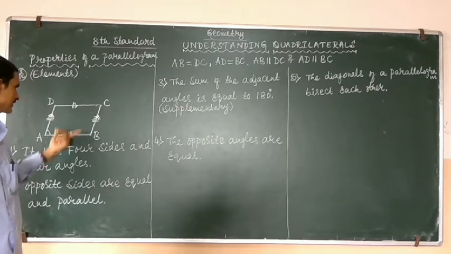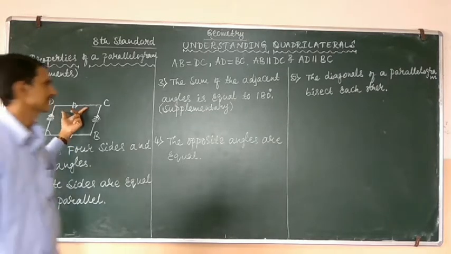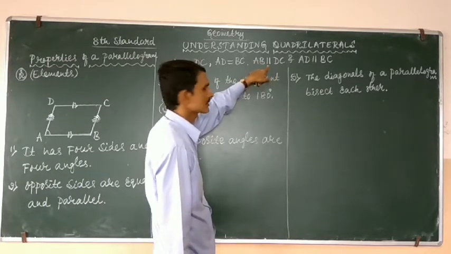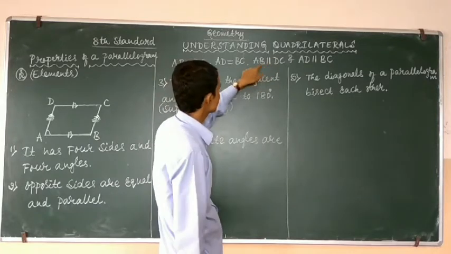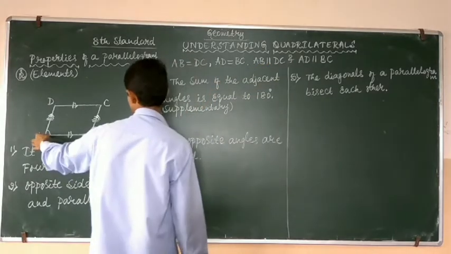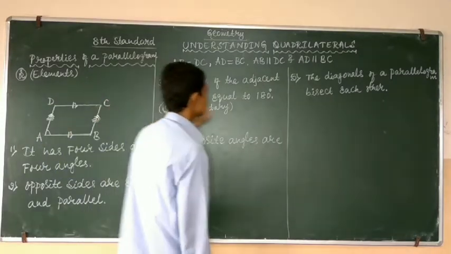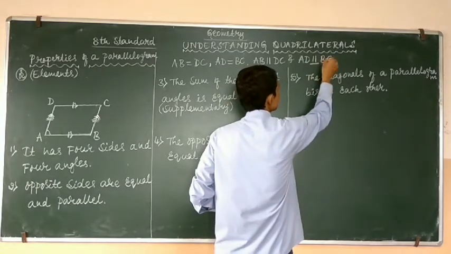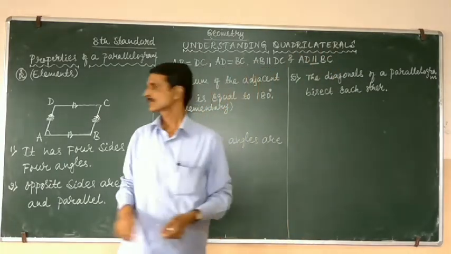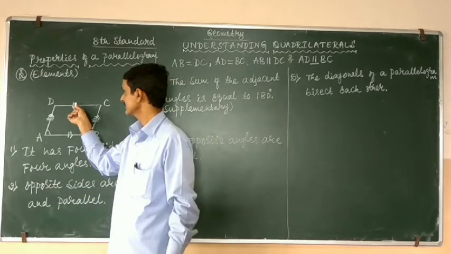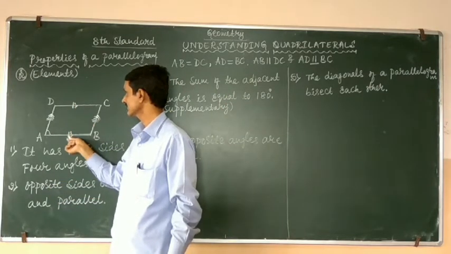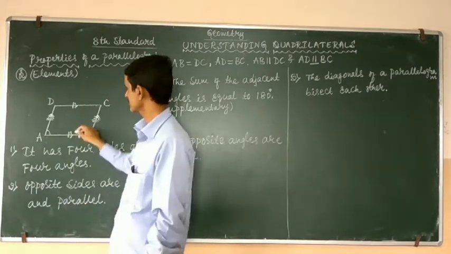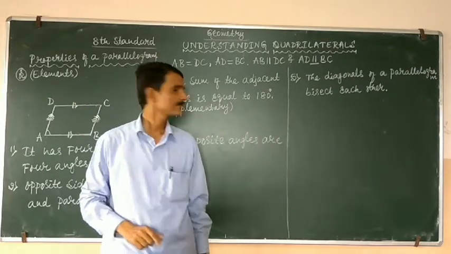Therefore we can write AB is parallel to CD. These marks indicate that the two lines are parallel. Similarly, side AD is parallel to side BC. This symbol indicates that the given lines are parallel, and in the figure it is indicated by arrow marks.